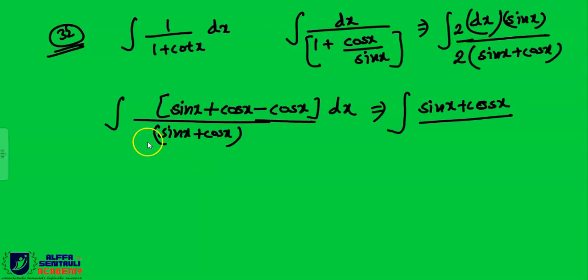So this question was like this, correct? Now you can take this 2, this can be written twice. So I have taken 1 sin x and 1 cos x here, and I'm left with this term.